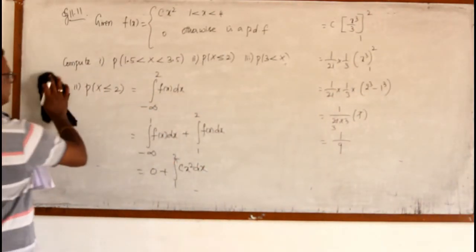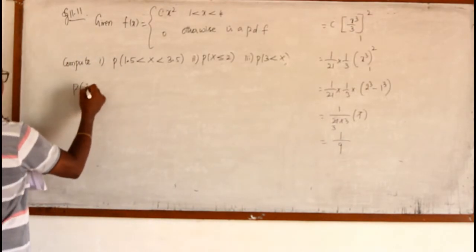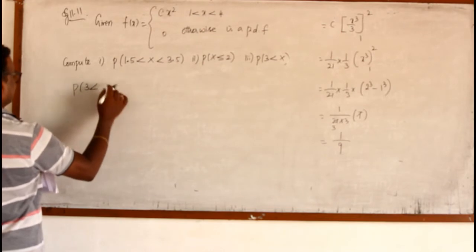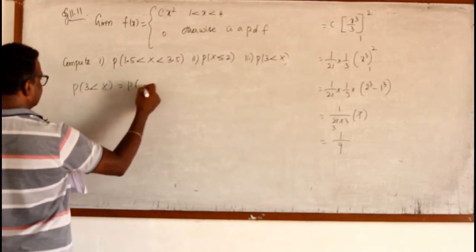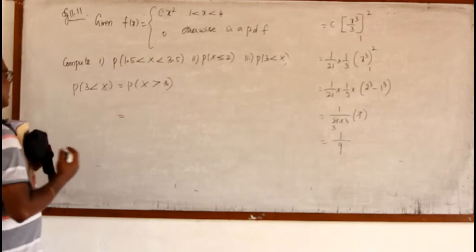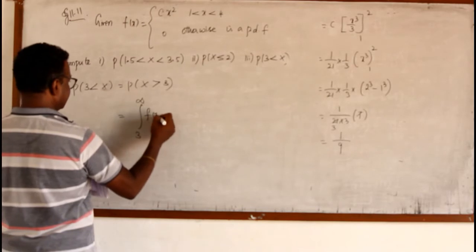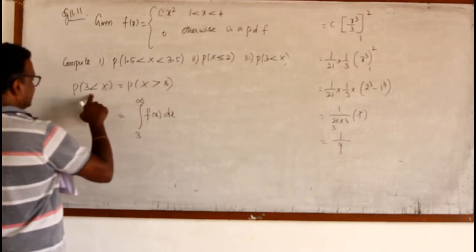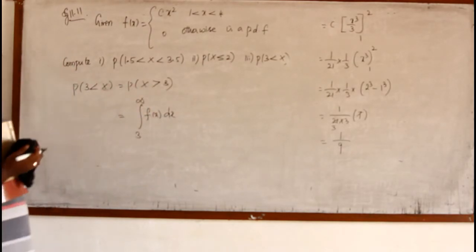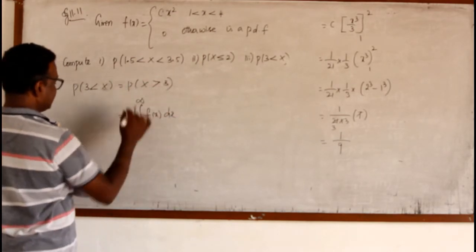Now the third question. P of 3 less than x, means x is greater than 3, I need. That means greater than 3 means 3 to infinity f of x dx, isn't it? Here, if the equal to sign is not there also, the same value. So greater than 3 means I need from 3 to infinity.